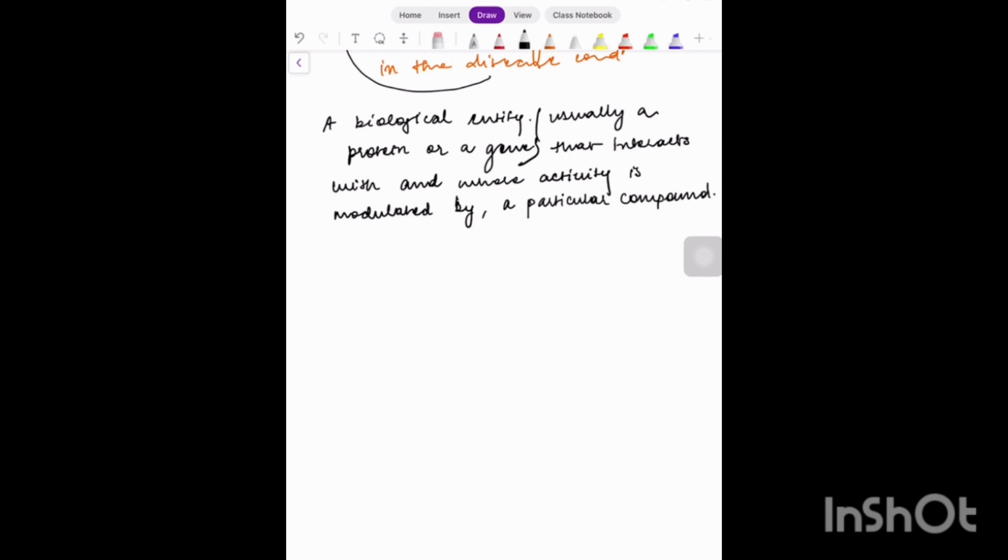So what they said here is that basically a drug target is nothing but a biological entity.